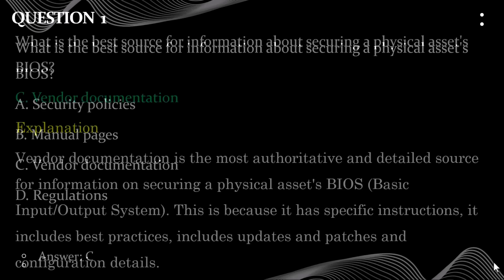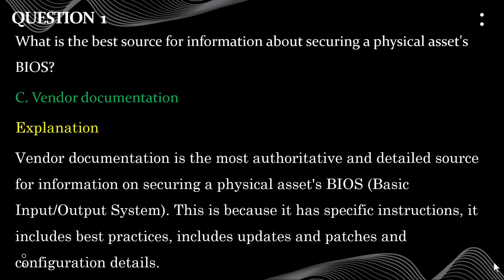The vendor documentation is the most authoritative and detailed source for information on securing a physical asset's BIOS. Remember, BIOS means the basic input-output system. Now this is because the vendor documentation has specific instructions as well as best practices. It also includes updates and patches as well as configuration details.